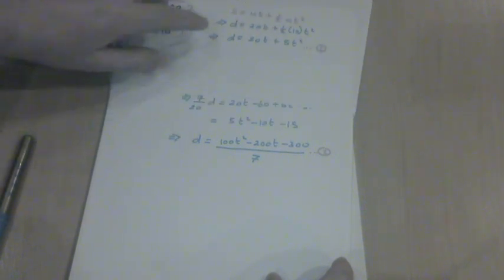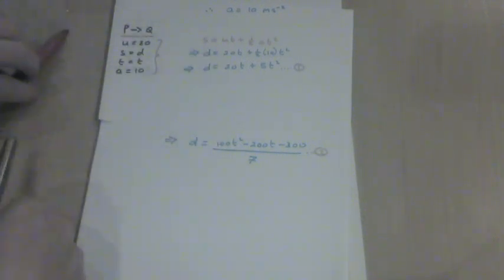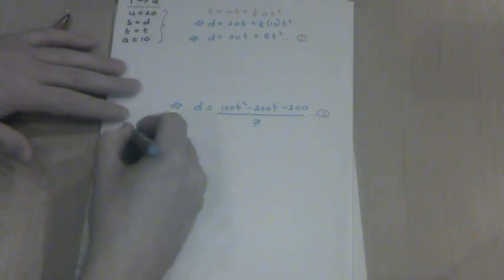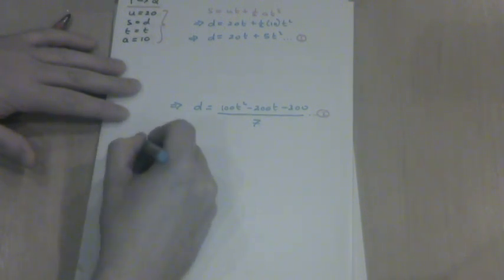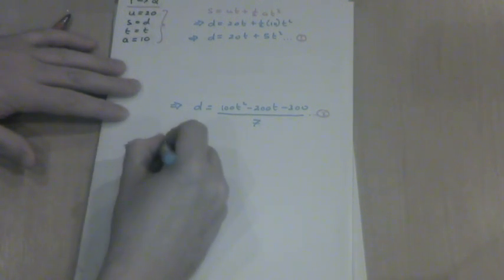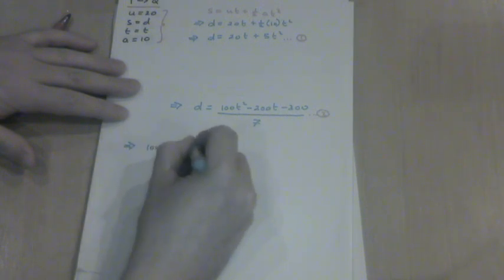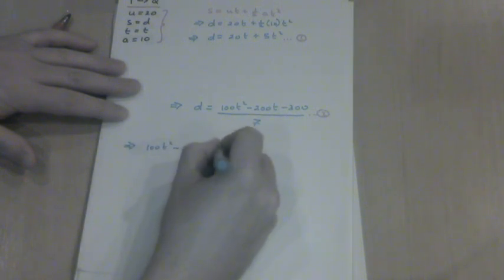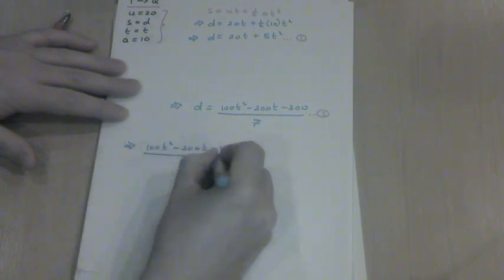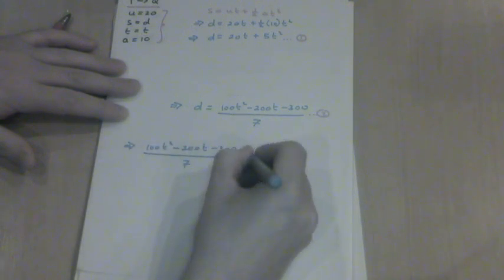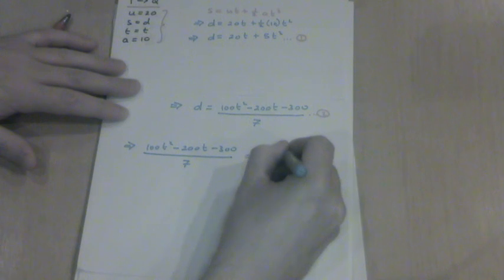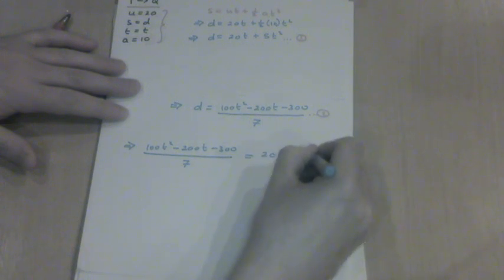Because the left hand sides are the same, we can equate the two right hand sides: 100t squared minus 200t minus 300 all over 7 equals 20t plus 5t squared.